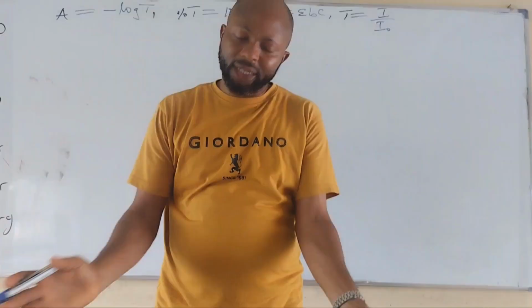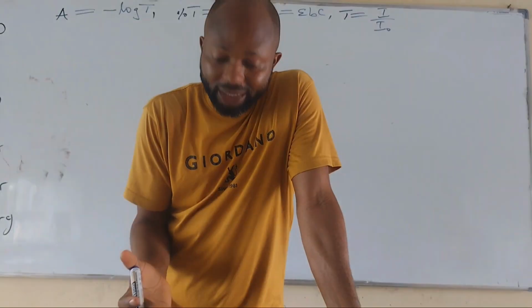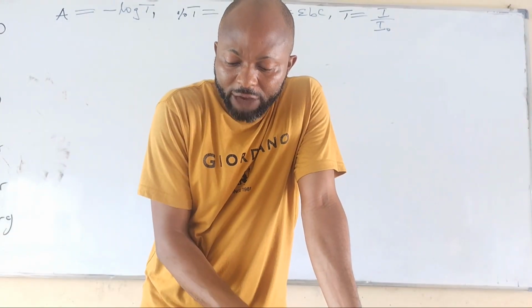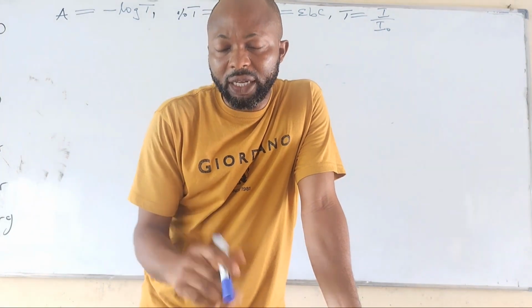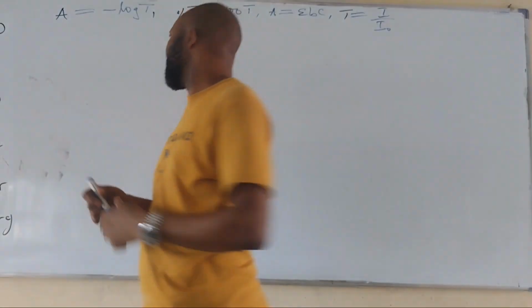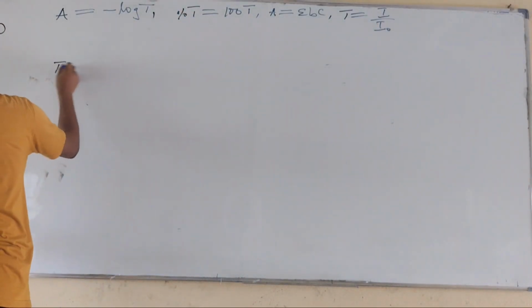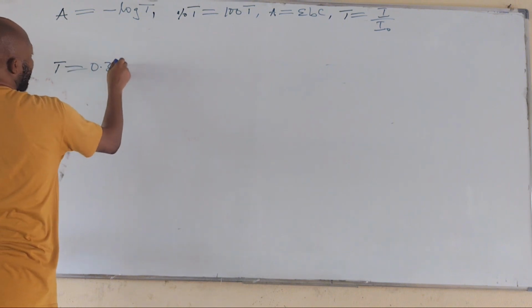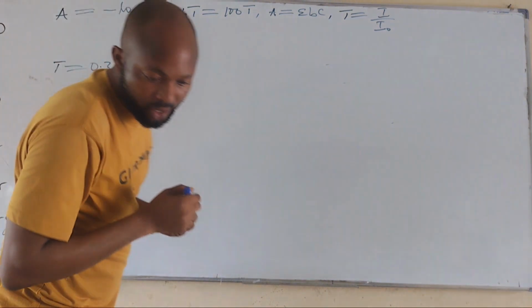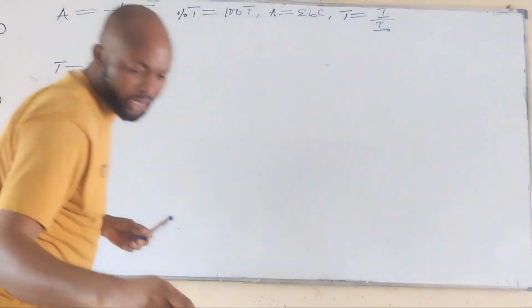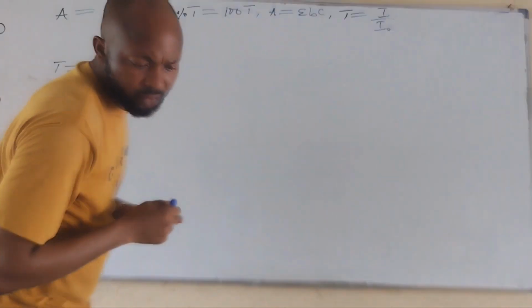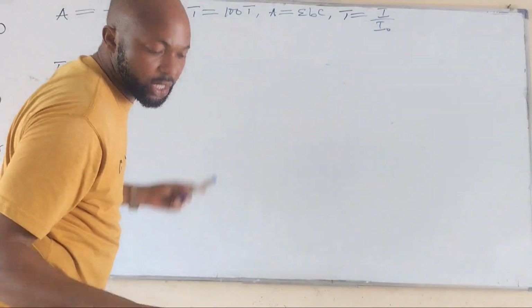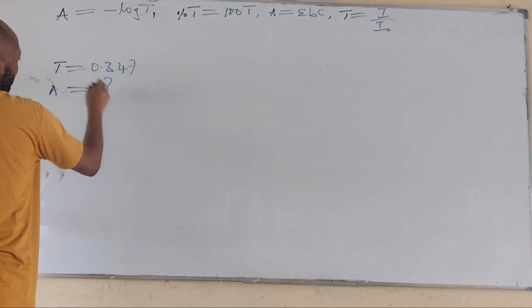The question says, what is the absorbance of a sample if the transmittance is 0.347? Let me list out the given. The transmittance is 0.347, and they are asking us for the absorbance.